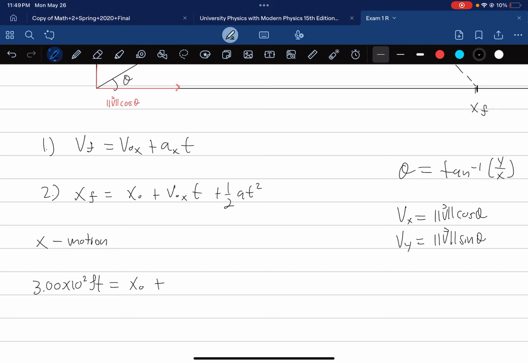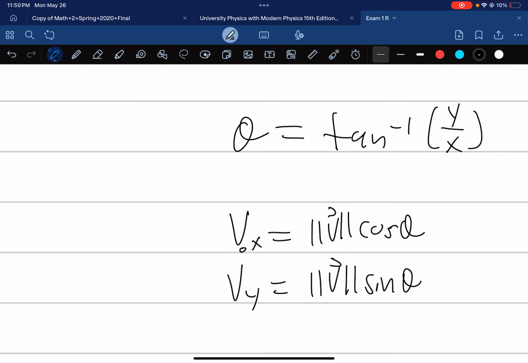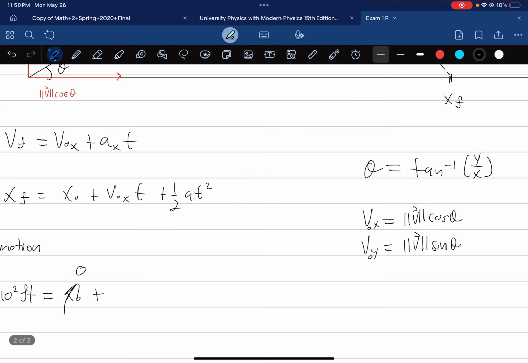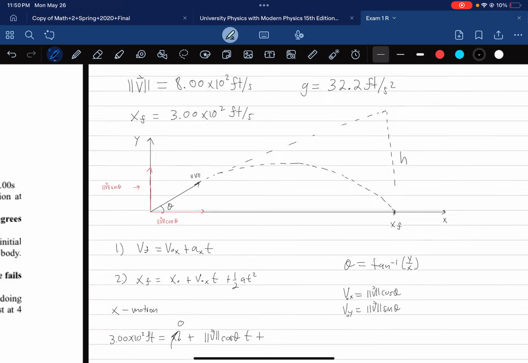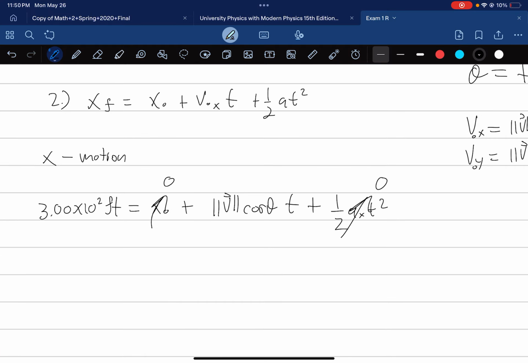We know our initial velocity in the x direction is the magnitude of v cosine theta. Just so you know, theta is not known. Plus, well, there's no acceleration in the x direction, so this term cancels out as well.